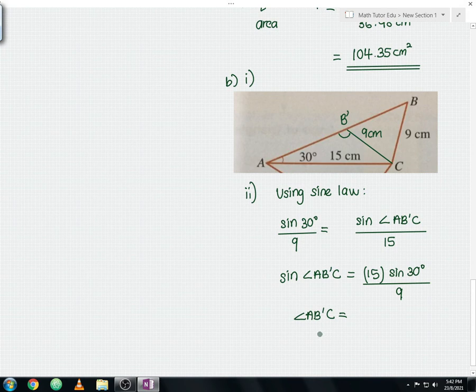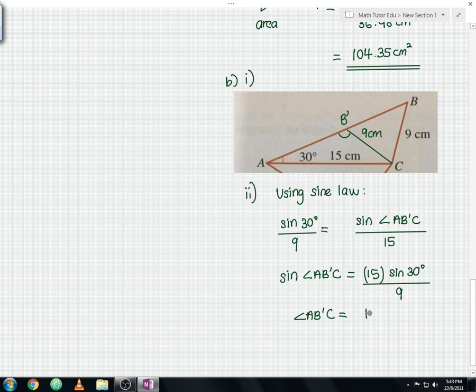When you calculate it, you will get an acute angle for AB'C. But if you take a look at this diagram over here, it is an obtuse angle. That means if you leave your answer as the acute angle, your answer is actually wrong, guys.